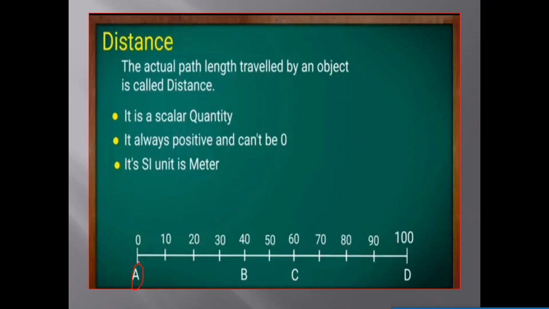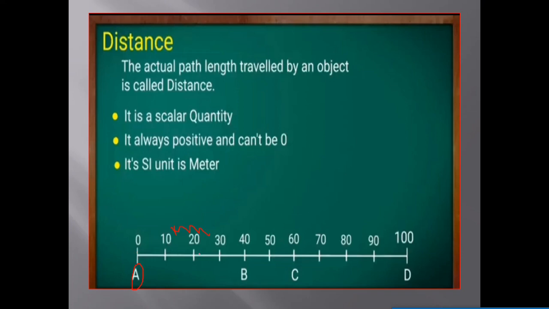Now, from 0 to this position, let me take the unit as kilometer. Let me write this as kilometer. Then if the object is at position A, it travels from position A to position C. Then what is the distance that is being traveled, children? From this point to the next point is 10 kilometer.